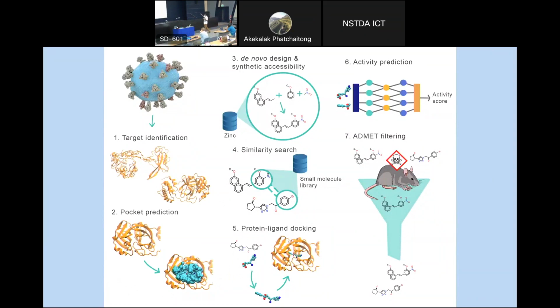And this is step number one, but it may take years to identify that. Once you have identified that, the next part is modeling of the protein, which has become easier and easier.